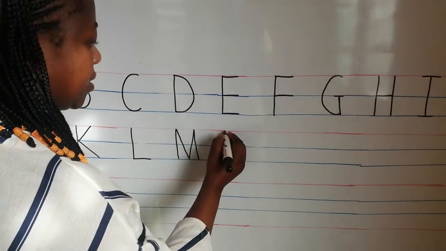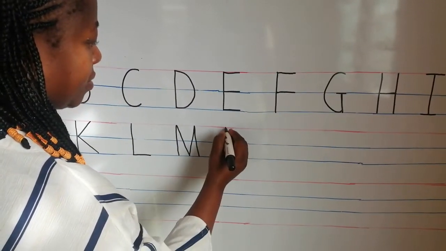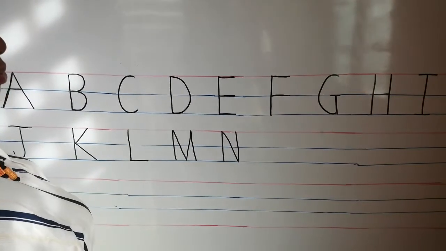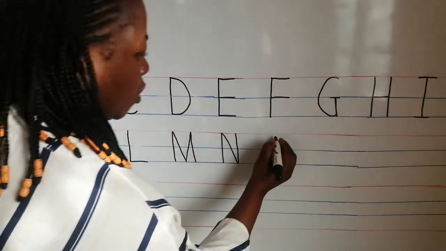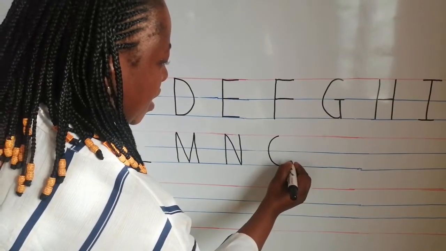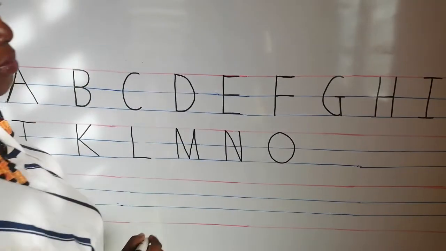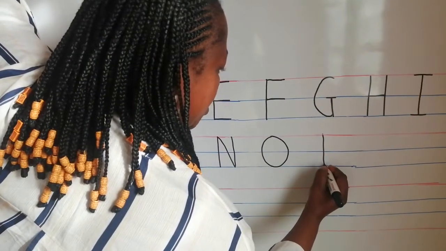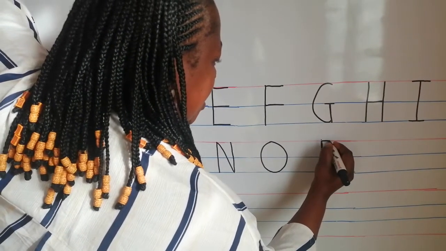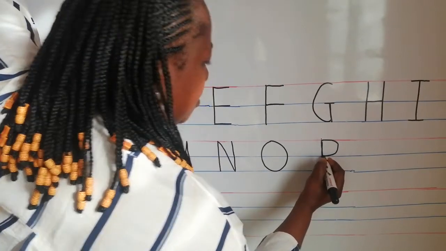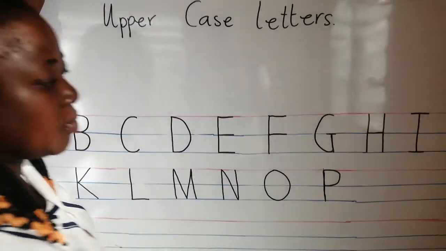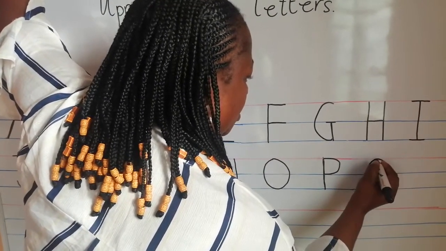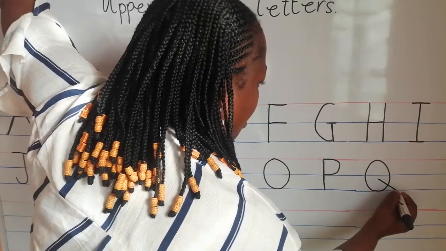Now N, O is a curve all round. Our P also goes down. We come all the way up with a curve in. Our Q is curl all round and a flick out.